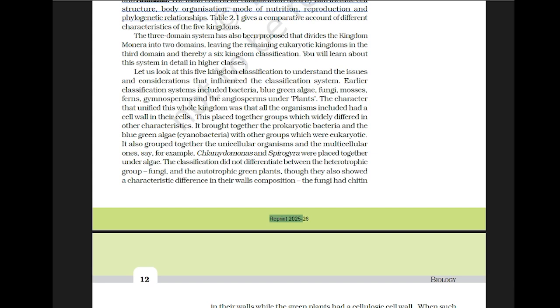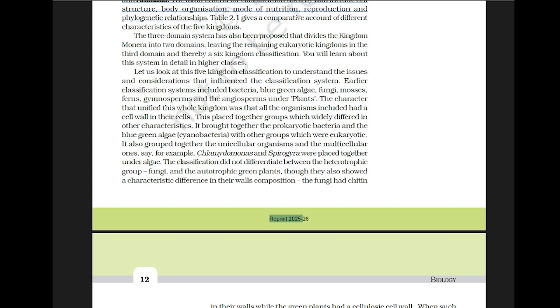And the prokaryotes differ from all other organisms in their morphological and physiological organization. So all the prokaryotes were separated from the plants and placed in an independent kingdom, kingdom Monera. It is one of the advantages. And the fourth one is that unicellular eukaryotes like Euglena were included under both plants and animals in early classification.